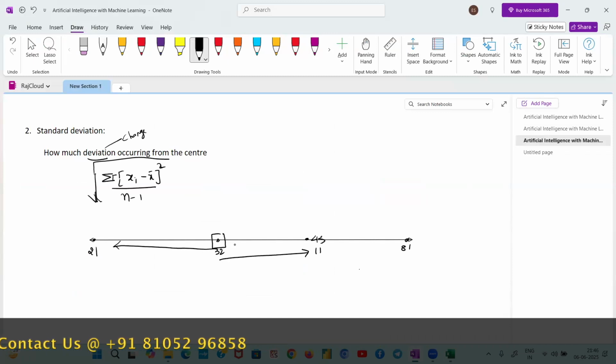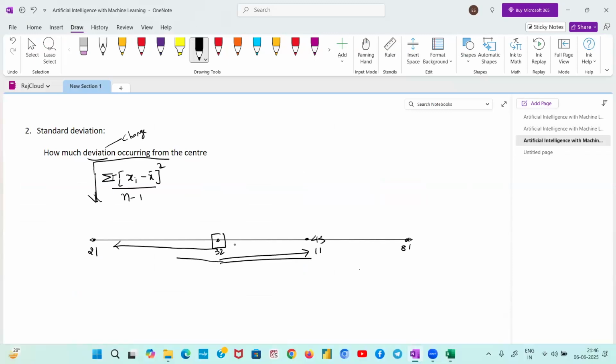So standard deviation is telling you about that. How much deviation? On the right side some deviation is there and on the left side also some deviation is there. So not really all the people are 32 years old, but some people are 32 plus 11 years and some are 32 minus 11 years.